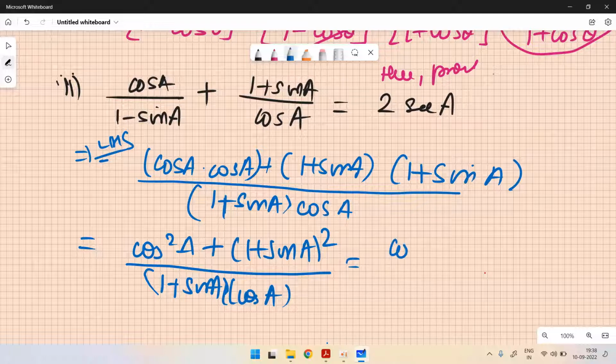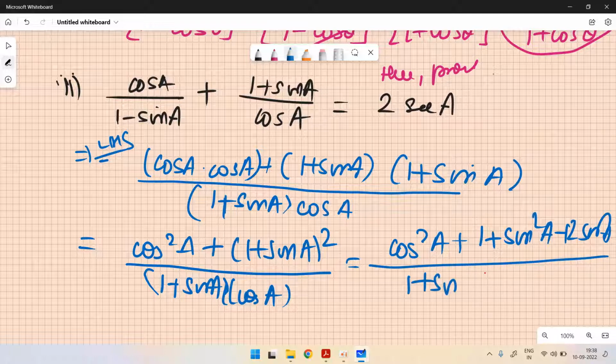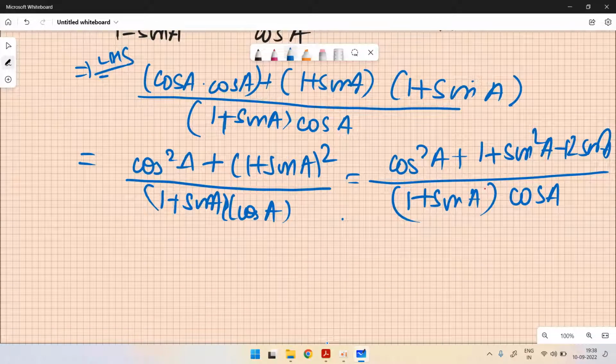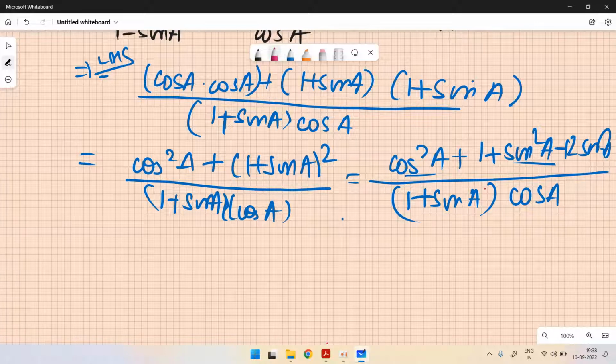This is cos square A plus sin square A plus 2 into sin A by 1 plus sin A into cos A. Now if you see this clearly, 1 plus sin is there, sin square A, this 2 sin A, 1 plus sin A. So this cos square A plus sin square A becomes 1.